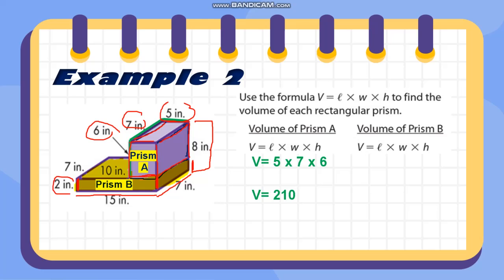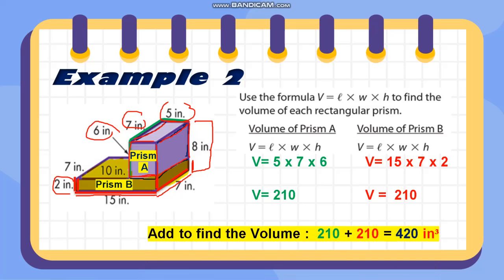So that's why the answer is 15 multiplied by 7 multiplied by 2, and that is equivalent to 210. So when we combine that one, 210 plus 210, the answer is 420 cubic inches.